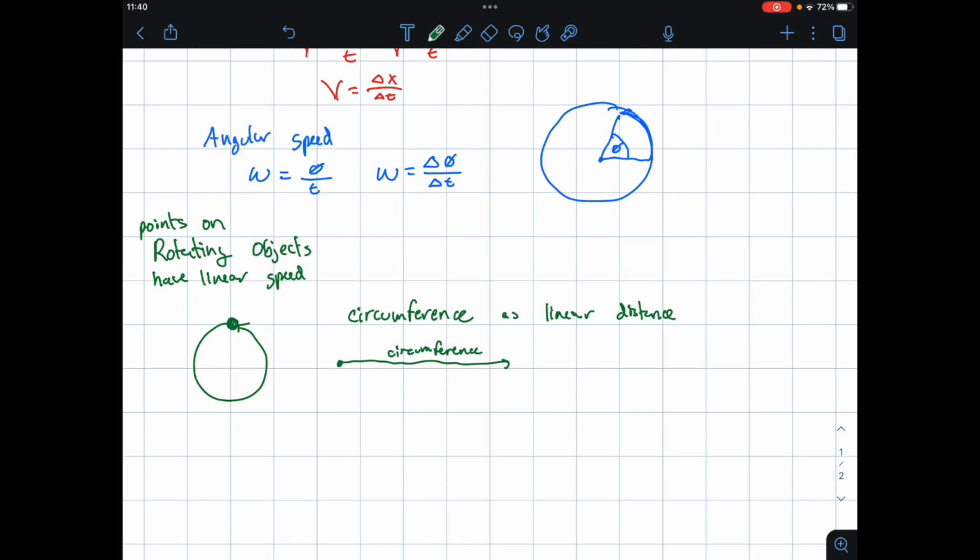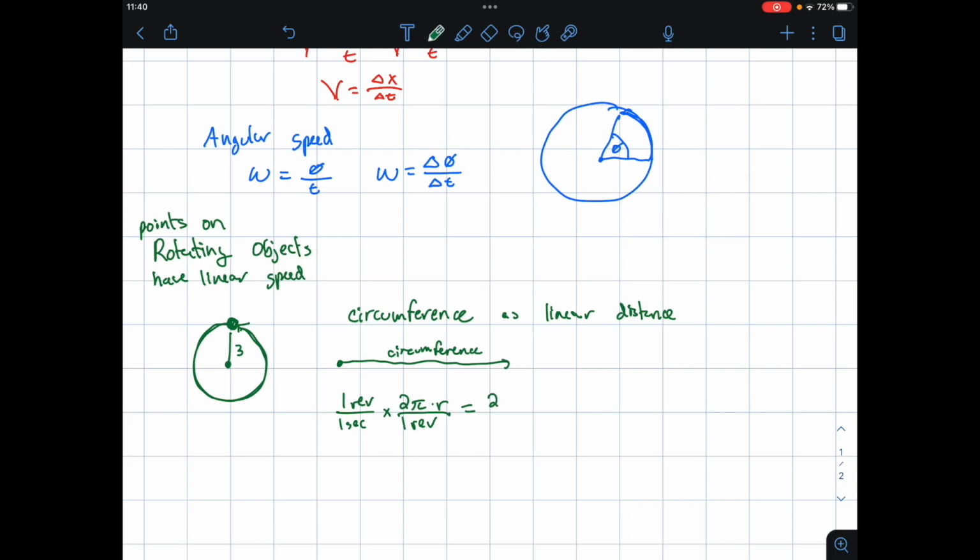For example, if we have a radius of 3, and let's say this thing goes around once per second, we could turn this into a linear speed by multiplying by the circumference, 2 times pi times r, because the circumference corresponds to 1 revolution.